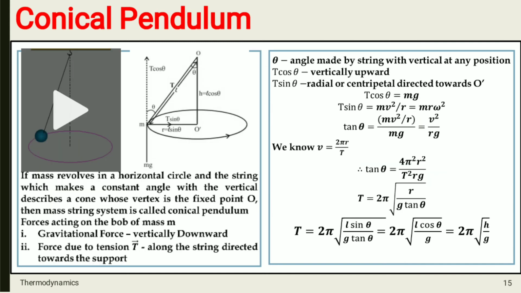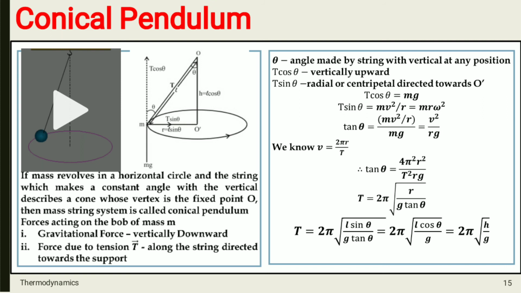Now we will start with the last point from your lesson, that is the conical pendulum. You have studied earlier a simple pendulum, meaning what? Just like a clock. In a clock there is one pendulum which is moving just like a swing, in to and fro motion, or you can say left and right motion.